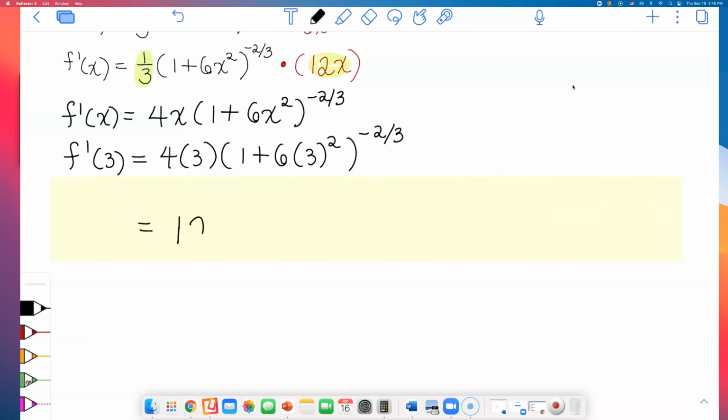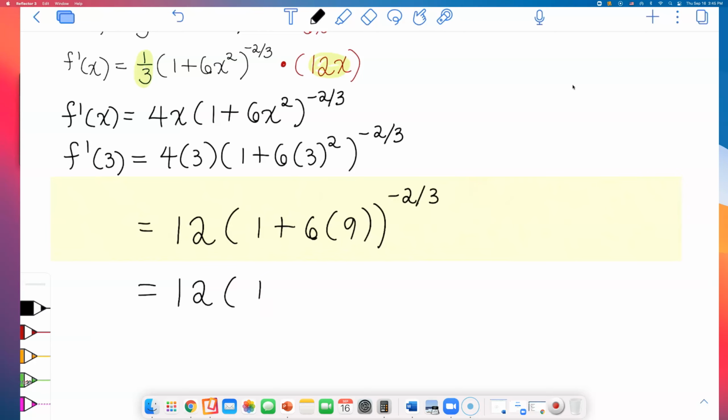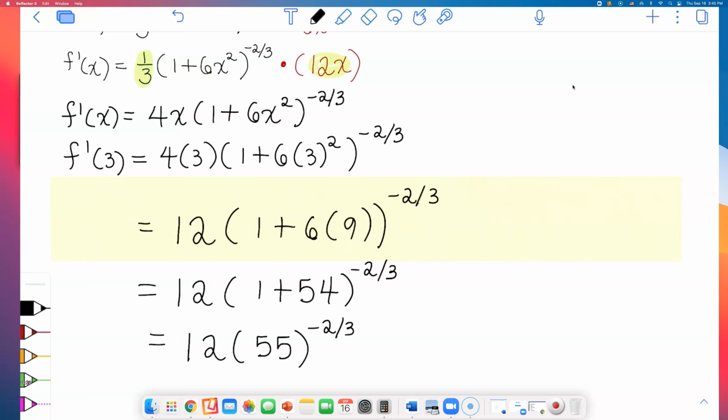So that is 12, right? Outside I have 12. I have 1 plus 6 times 9 raised to the negative 2/3 power. That is 12 times 1 plus 54 raised to the negative 2/3 power. 12 times 55 raised to the negative 2/3 power.